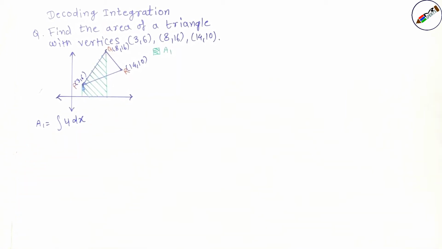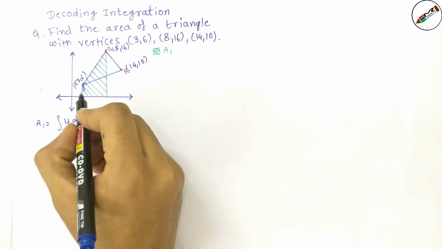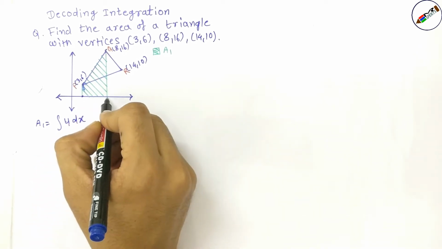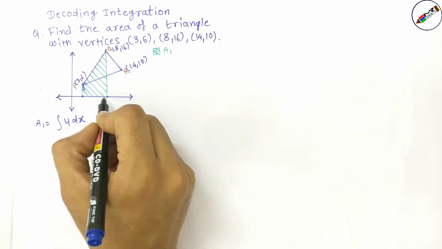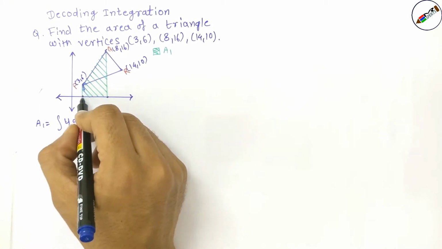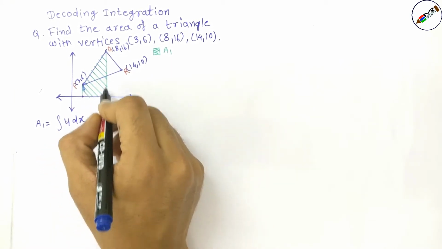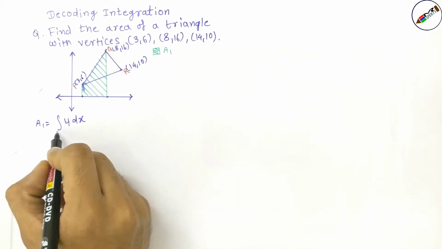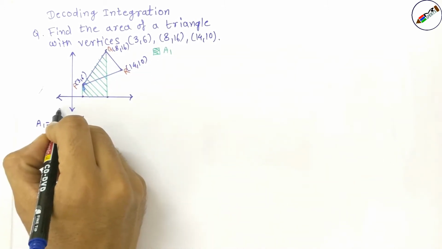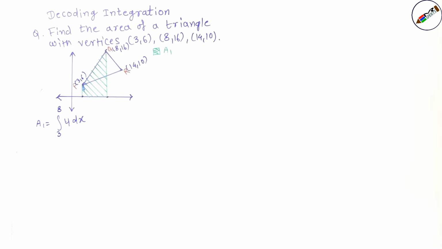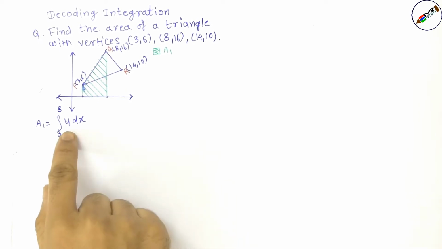And what are the x coordinate limits? You can see this is the first x coordinate and this is the second x coordinate, lower bound and the upper bound. You can see the x coordinate is 3 over here and over here it is 8. So I would say it is from 3 to 8. But the question is, what is this y?